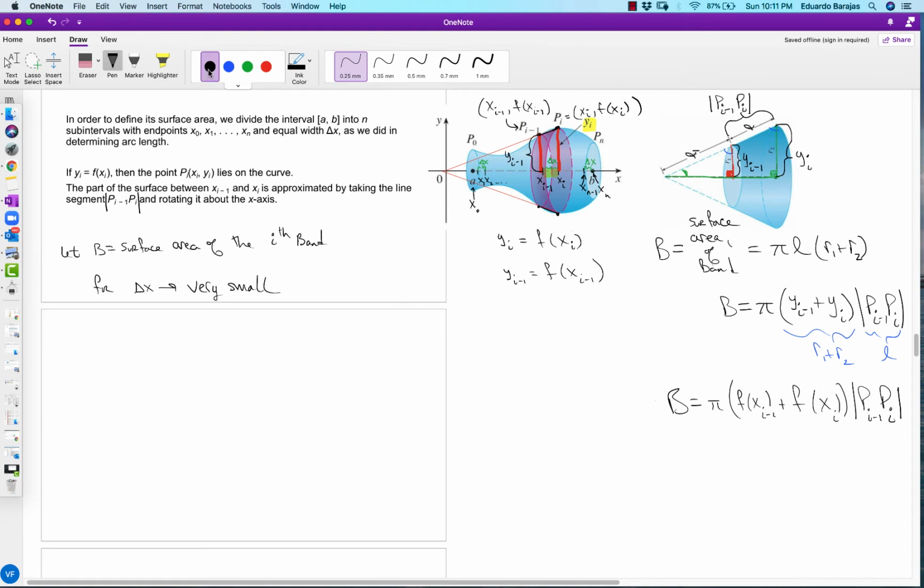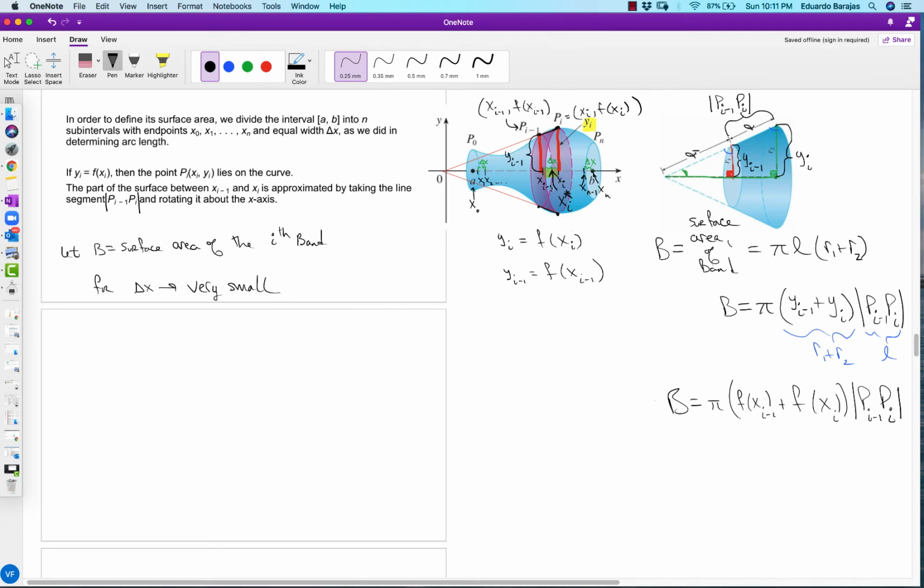So we're going to let some value, maybe somewhere around there, right there, be equal to some x sub I star.